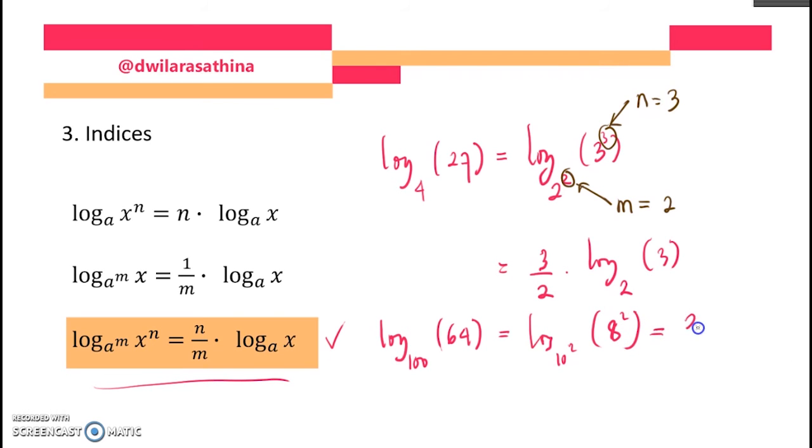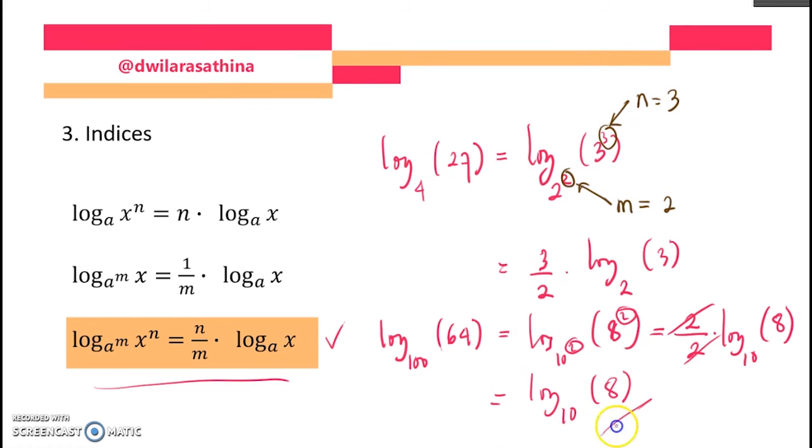I can write 2 here, divided by 2, and multiplied by log 10 of 8. You can cancel this, and you will get log 10 of 8, like this.